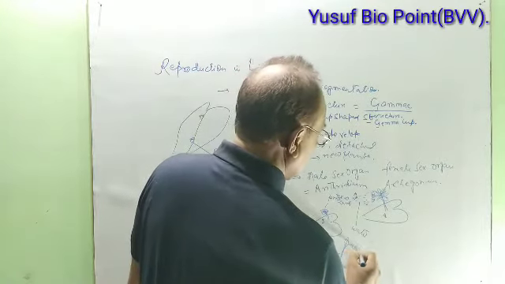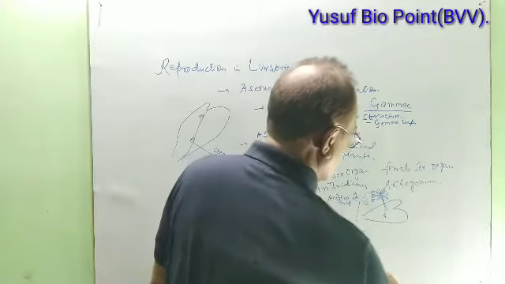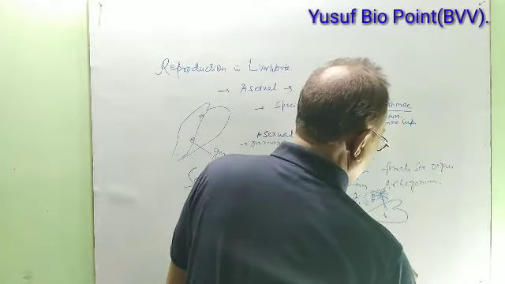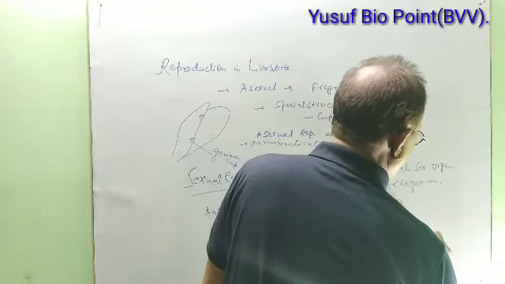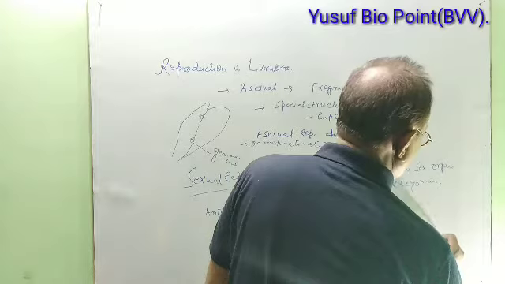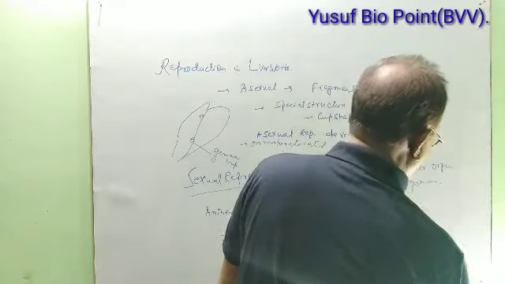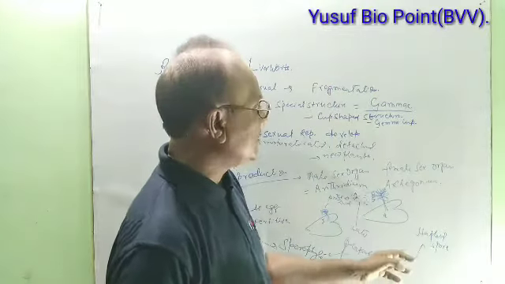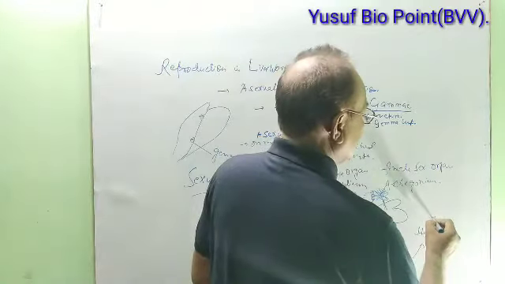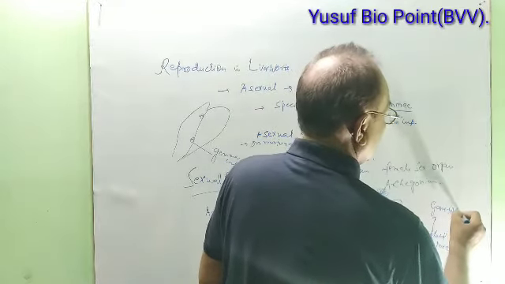It contains capsules in which meiosis cell division takes place and forms haploid spores, which develop into gametophyte.